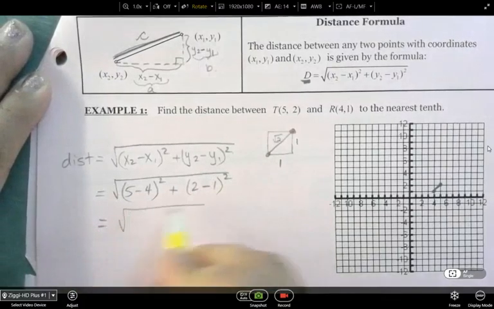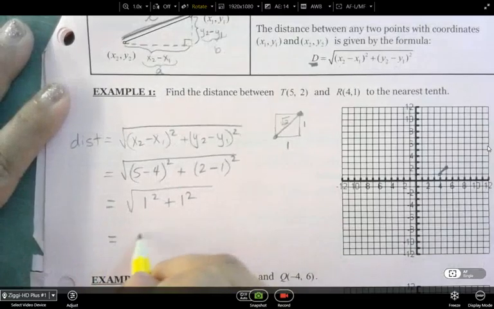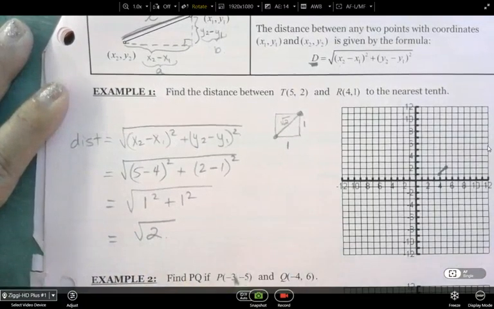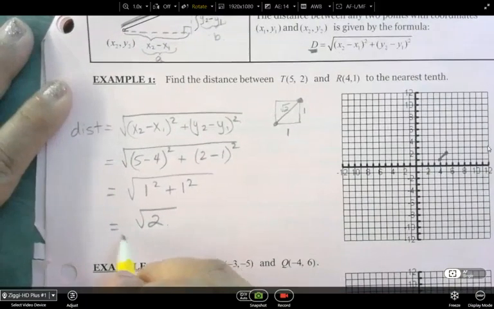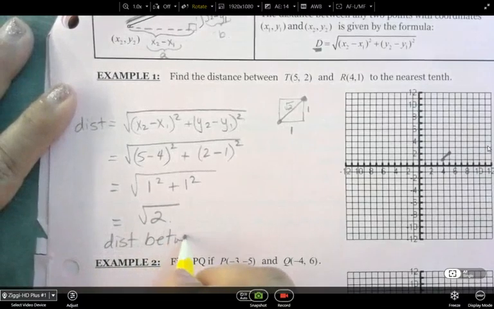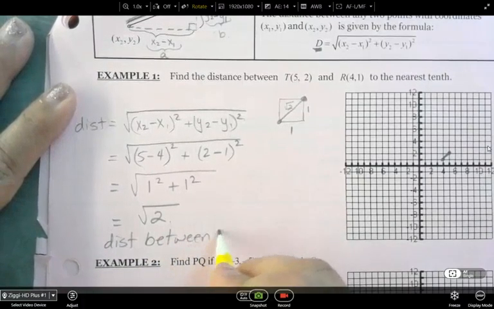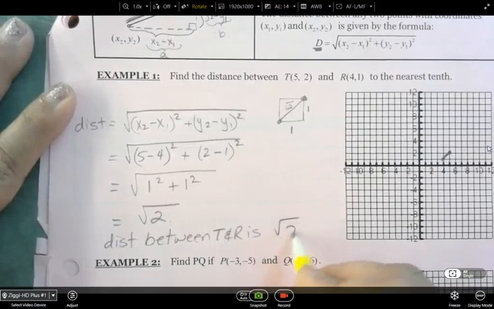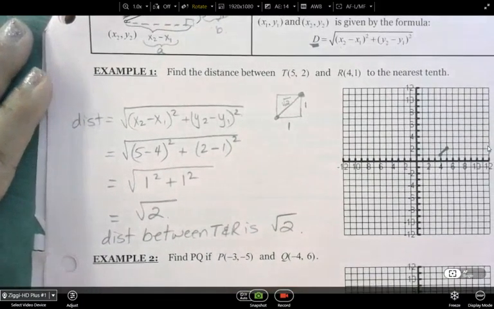And I end up with 1 squared plus 1 squared, and that equals square root of 2. So my distance between T and R is square root 2.